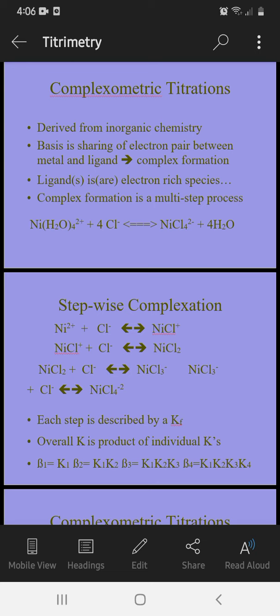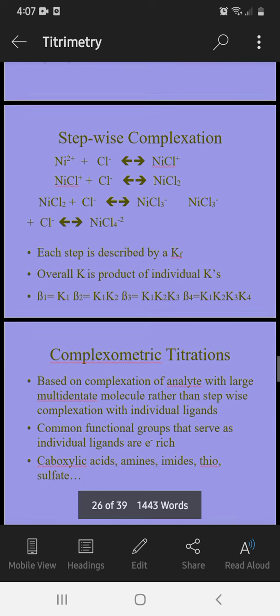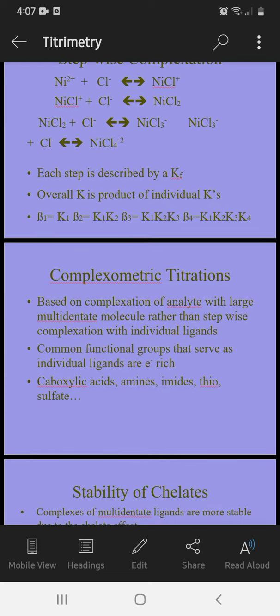Ni(S2O3)... 2+ plus Cl- gives NiCl4 2- plus 4 S2O. Stepwise completion: Ni2+ + Cl- gives NiCl+, NiCl+ + Cl- gives NiCl2, NiCl2 + Cl- gives NiCl3-, NiCl3- + Cl- gives NiCl4 2-.